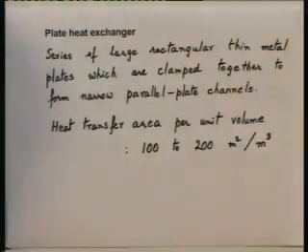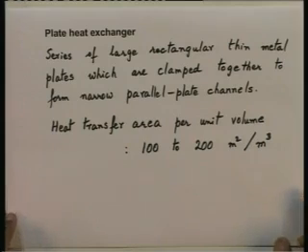So, this is the second type of heat exchanger, the plate heat exchanger, a series of narrow parallel plate channels. Now, the third is what we have called the extended surface heat exchanger.